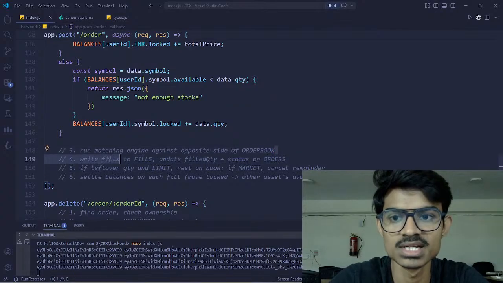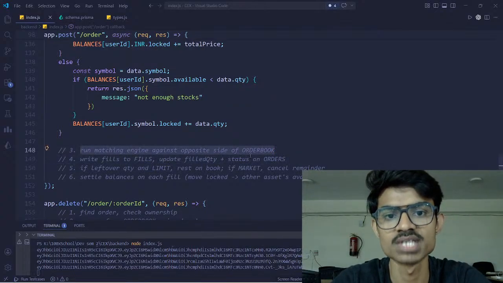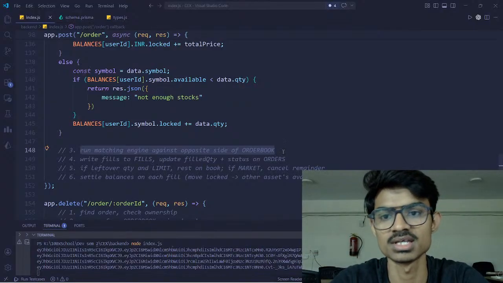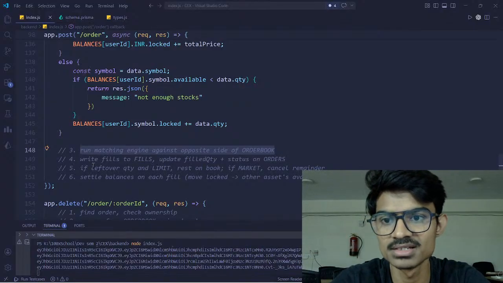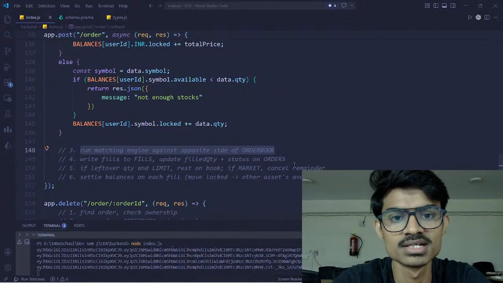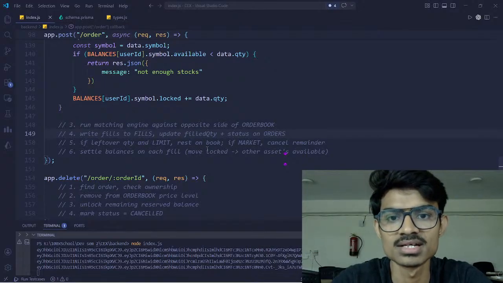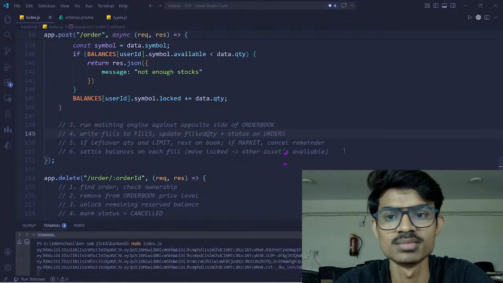क्योंकि जैसे ये लाइन है, रन मैचिंग इंजन अगेंस्ट अपोजिट साइड ऑफ ऑर्डर बुक, इसका क्या मतलब है, थोड़ा आगे भी पढ़ लेते हैं। Write fills to fills, update filled quantity plus status on orders. If leftover quantity and limit, rest on the book; if market, cancel remainder.